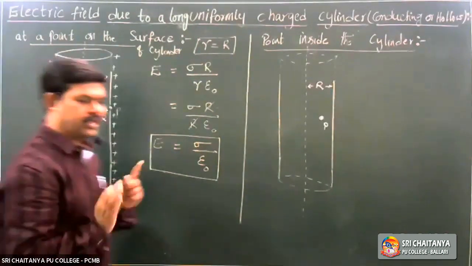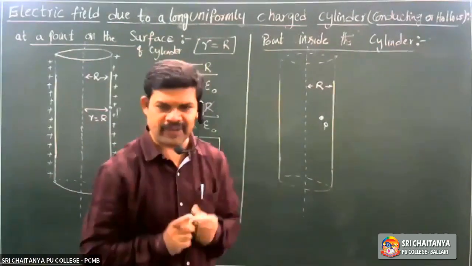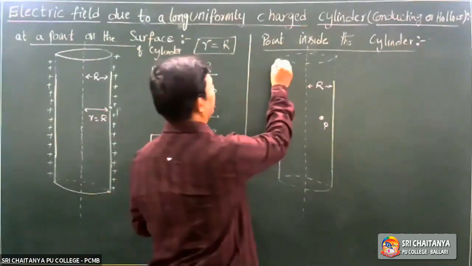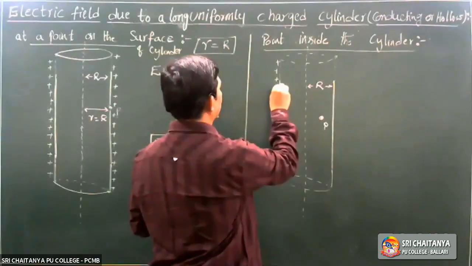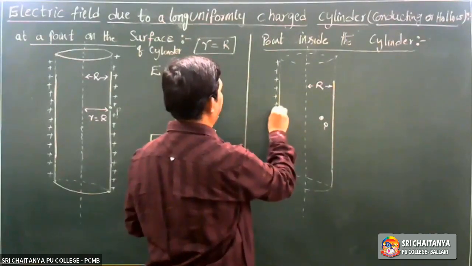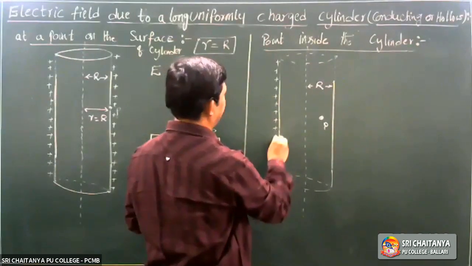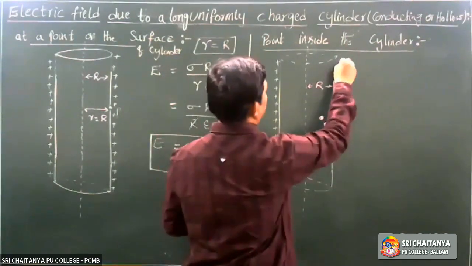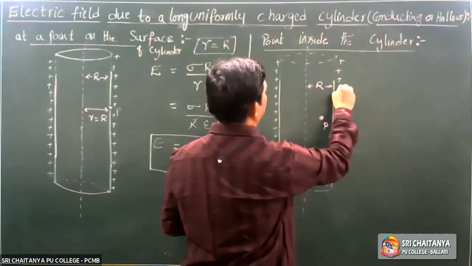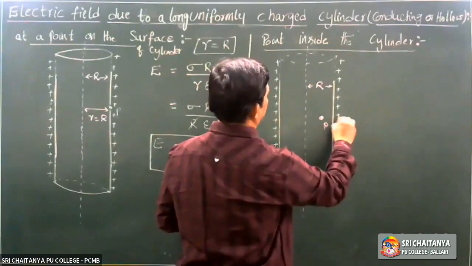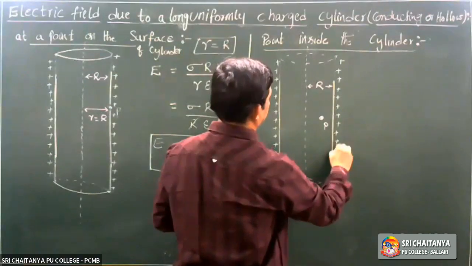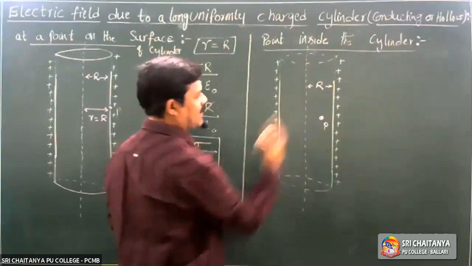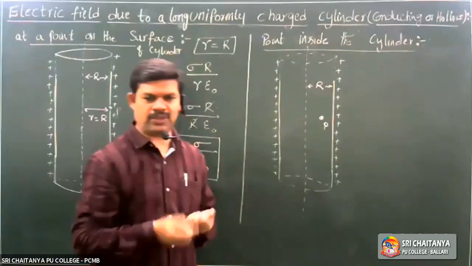Charge is given, and charge resides on the surface, one of the important points. So here, where is the charge? The total charge is on the surface. Inside, is there any charge? Inside, there is no charge.